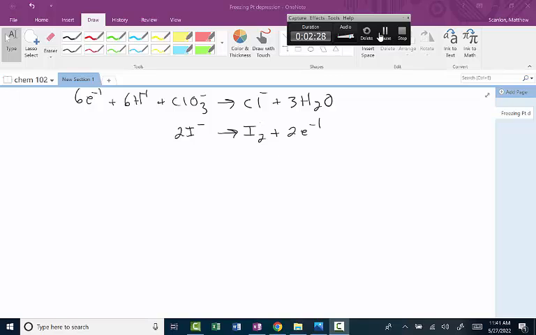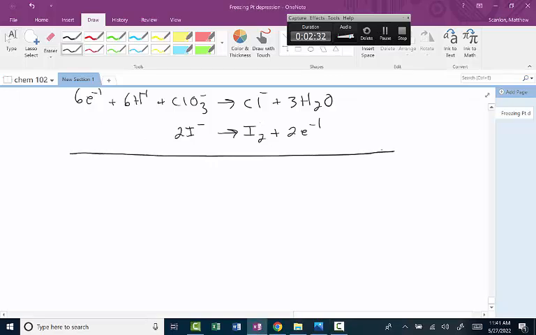And so now I got to add them so that the electrons cancel. And so I notice I have 6 electrons here and 2 electrons here. I won't completely cross multiply. I'll get the common denominator, which is 6, and just multiply the bottom by 3.